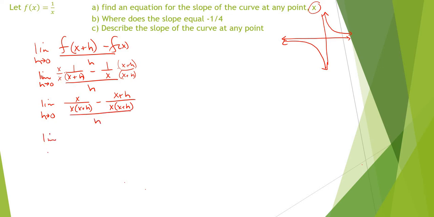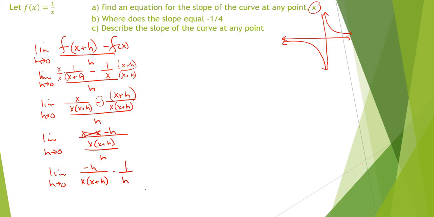Combining my numerators, I've got x minus x minus h. Remember, this minus sign needs to be distributed. All over x times x plus h over h. These will cancel. And if I multiply the numerator by the reciprocal of my denominator, I have negative h over x times x plus h times 1 over h.